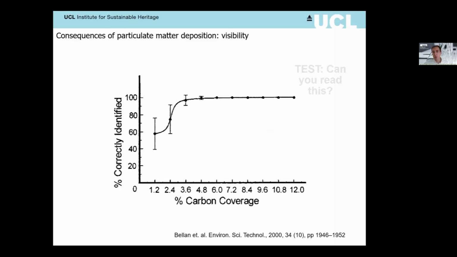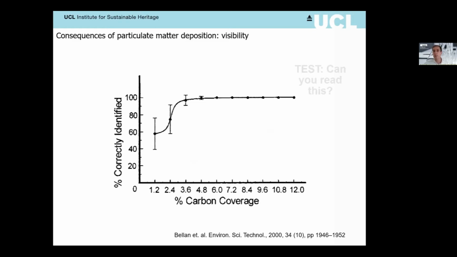This result, I've been using it in presentations for a long time, and it's been cited many times by people monitoring particulate matter indoors, because it's a very good experiment that demonstrates at which point we should start worrying about area coverage by particulate matter.